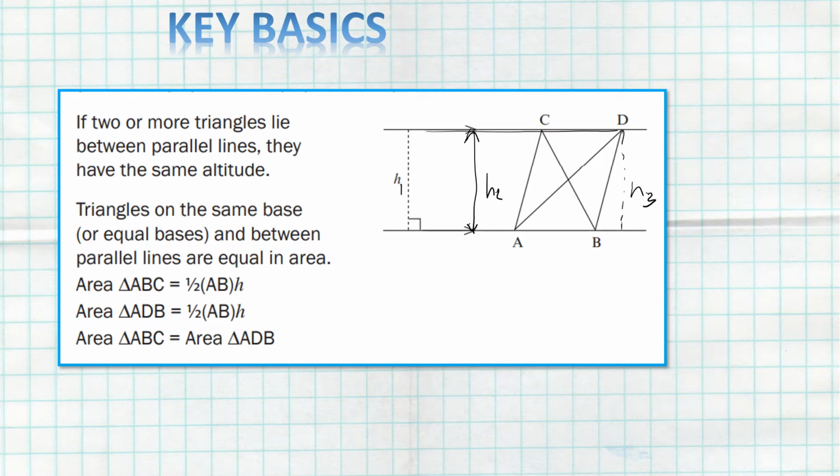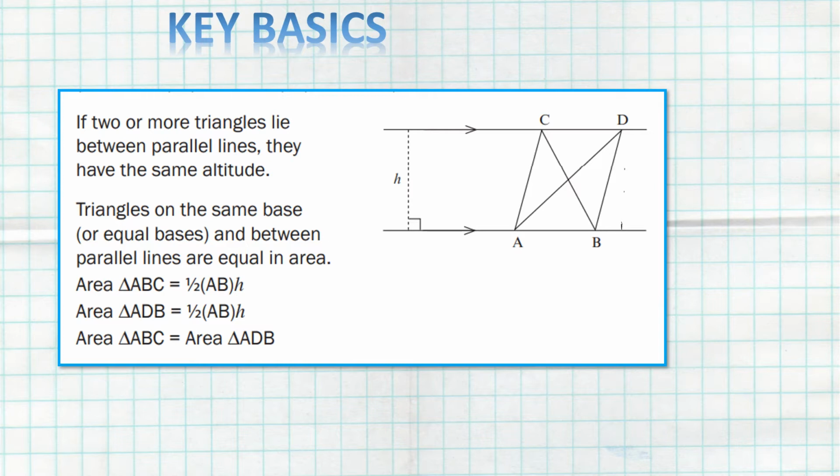Okay, so number 2, triangles on the same base. Triangles on the same base or equal bases and that are found between parallel lines have equal areas. What do we mean? If we have triangles like the picture that I just put here, triangles that share the same base, let me highlight them for you.